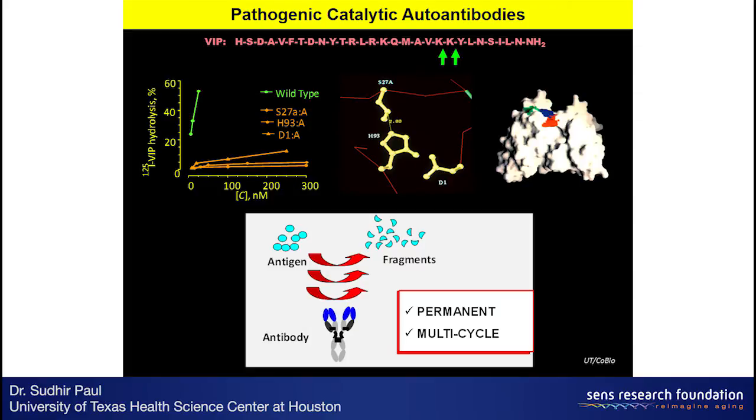Indeed, this is how catalytic autoantibodies were discovered, against a necessary self-antigen called vasoactive intestinal peptide, and we identified an antibody that breaks the peptide at the lysine-lysine and lysine-tyrosine amino acids.